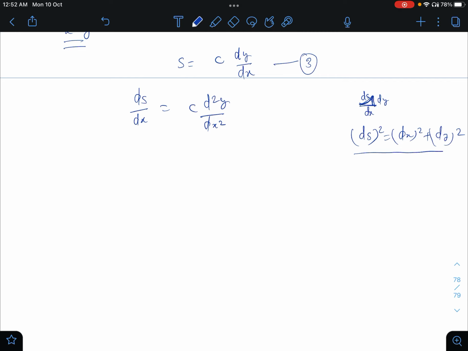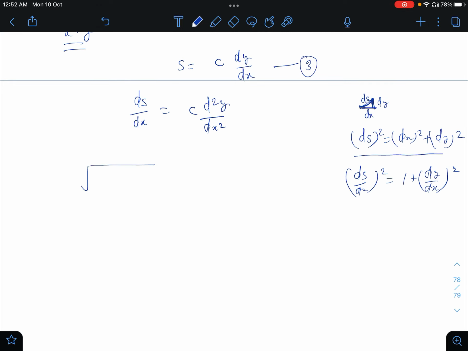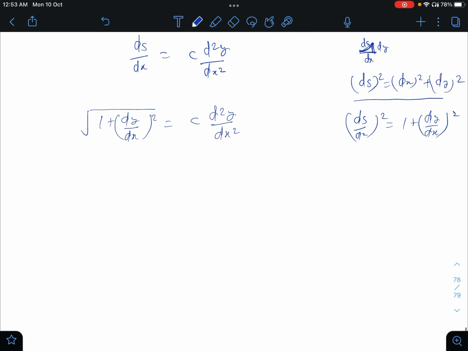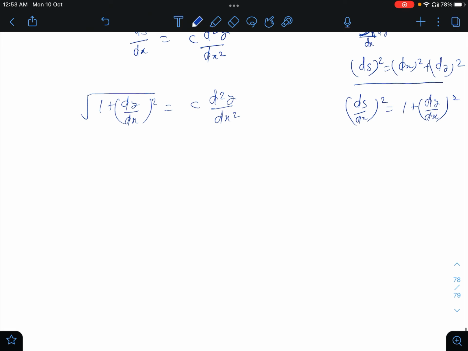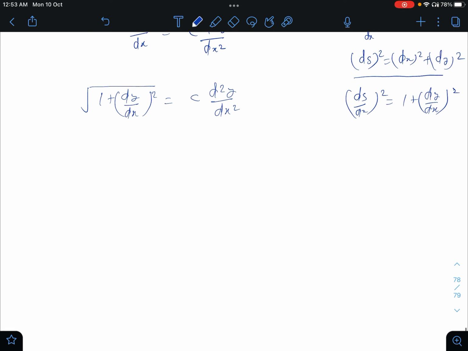So ds upon dx whole square is equal to 1 plus dy upon dx whole square. So this will become under root 1 plus dy by dx whole square is equal to c d square y upon dx square. Now we need to integrate this second order differential equation, and we will get our Cartesian equation of the common catenary.